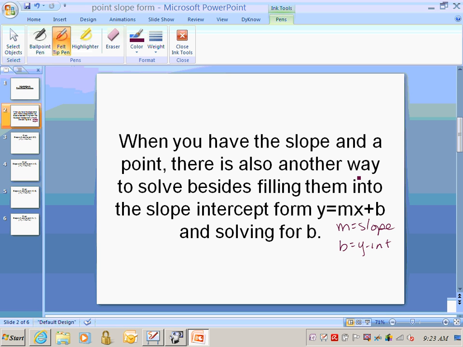Okay, point slope form, it's right up here. Point slope form is y minus y1 equals m times x minus x1.